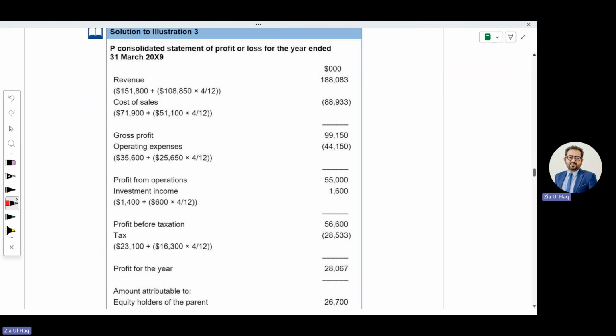Cost of sales, parent complete, subsidiary into 4/12. Operating expenses, parent complete, subsidiary into 4/12. Profit from operations we have calculated. Investment income, parent complete and subsidiary into 4/12. Profit before tax and taxation, parent complete, subsidiary into 4/12, and we have calculated profit.